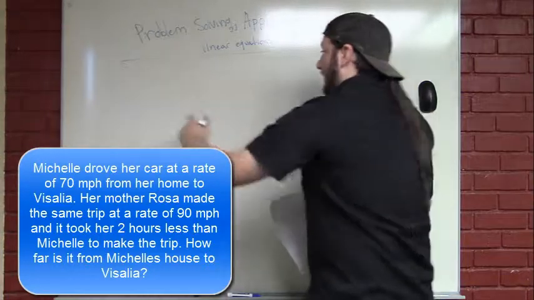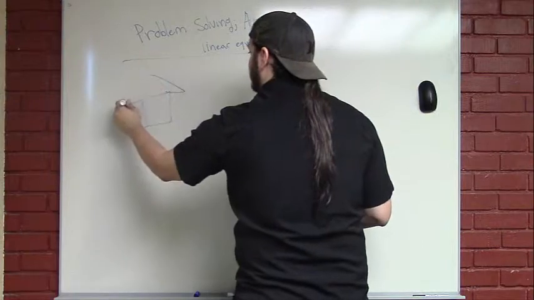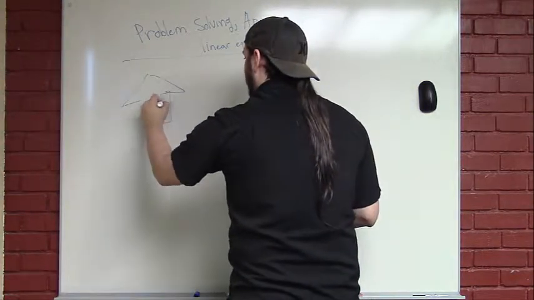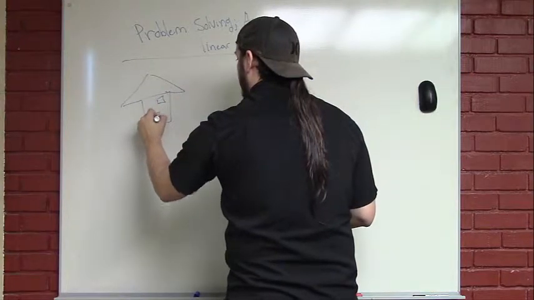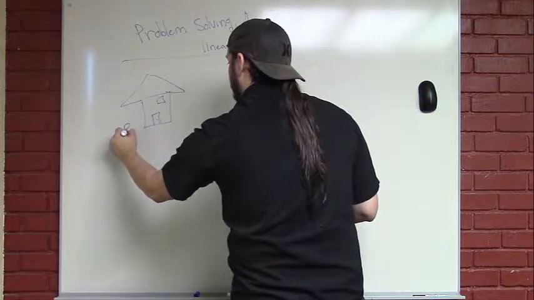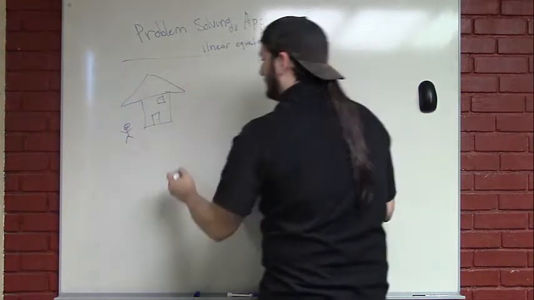Okay, again, I like pictures. So we're going to draw Michelle's house. She lives in a mushroom, I guess. All right, so we got a little window, a little door. So this is Michelle's house, okay? She lives here. And Michelle is a happy person. She has her own house.